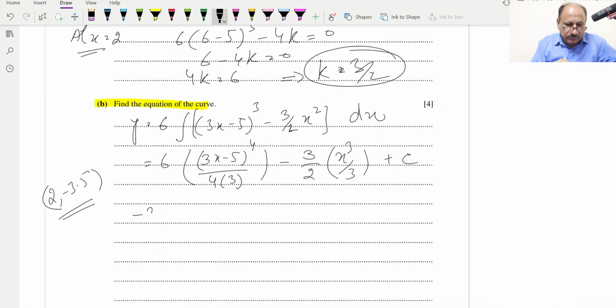So minus 3.5 is equal to 6 into, this will be 6 minus 5 over 12, and this will be power 4.